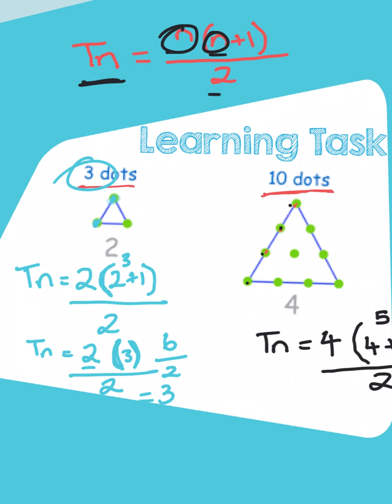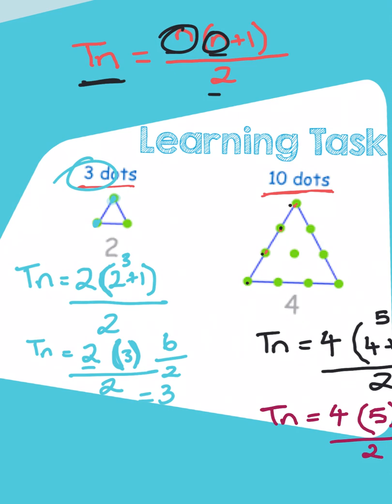What I'm going to do this time is change the colour of my pen, because I'm cautious that we've got lots of the same colour here. So let's look at the next one. Tn equals 4, open bracket, 4 plus 1 is 5, close bracket, over 2.